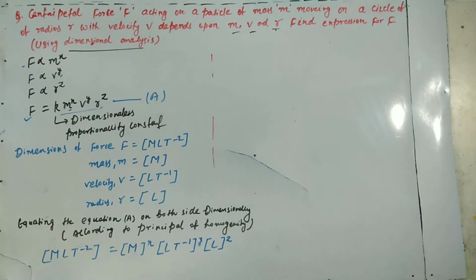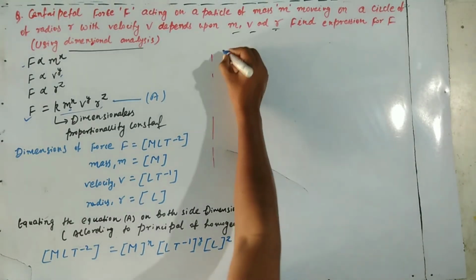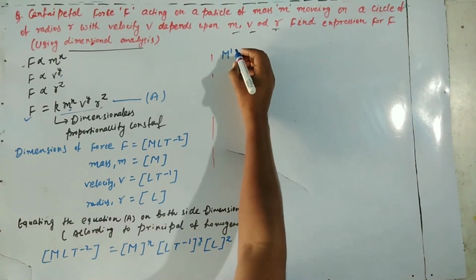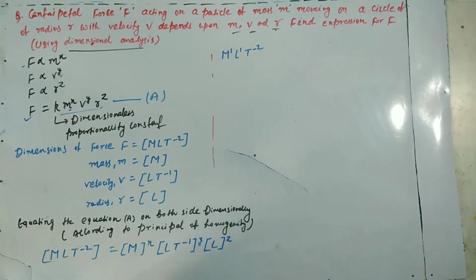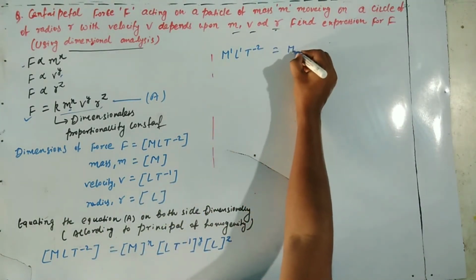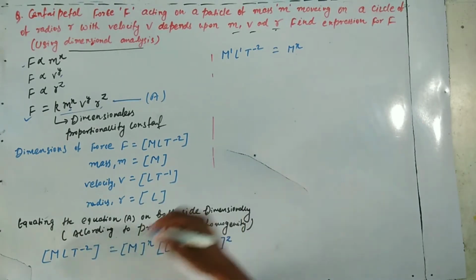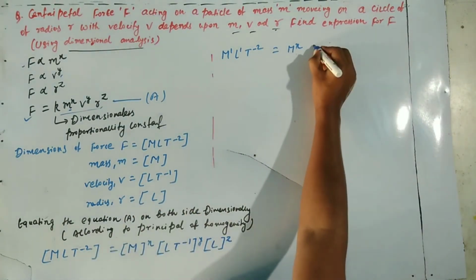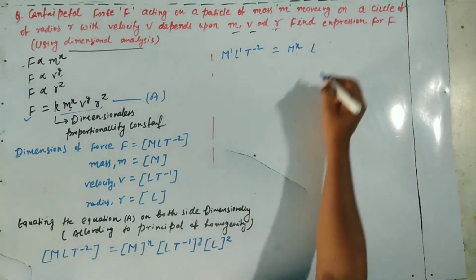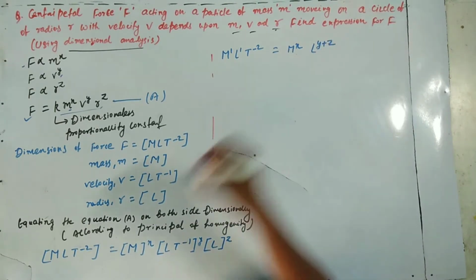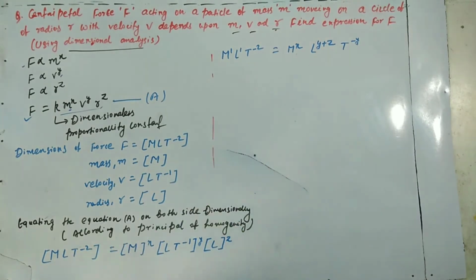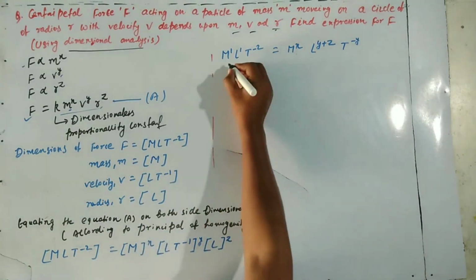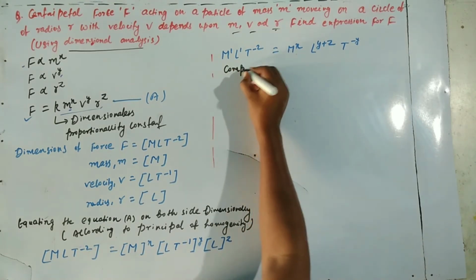Here M L T power minus 2, so M power 1 L power 1 T power minus 2 is equal to M power x L power y plus z into T power minus y.